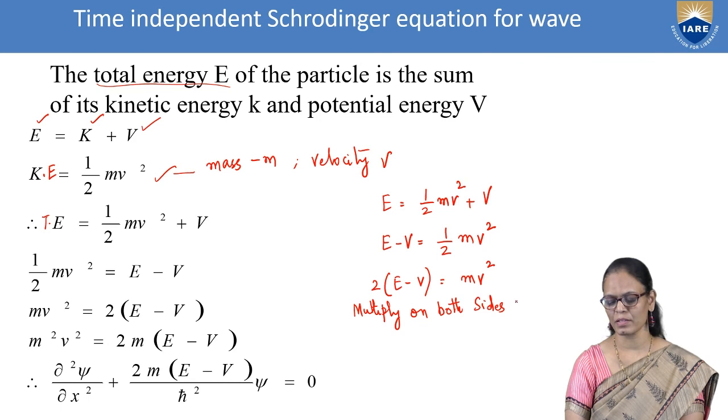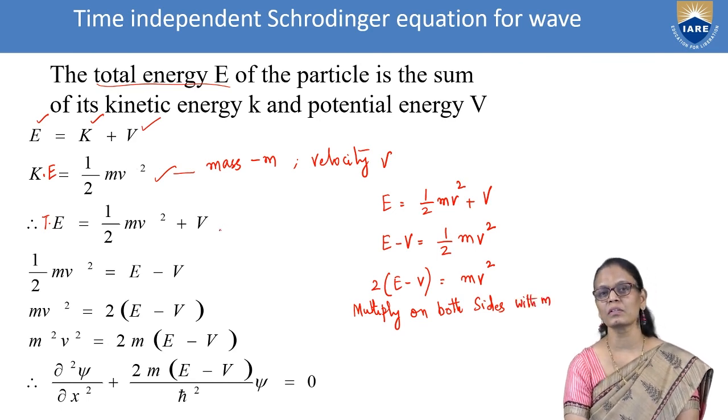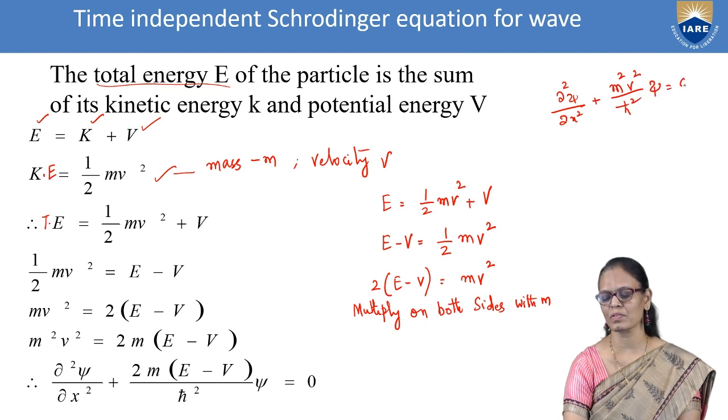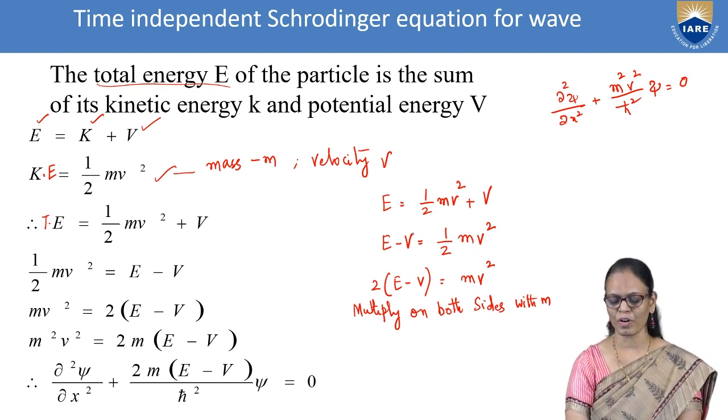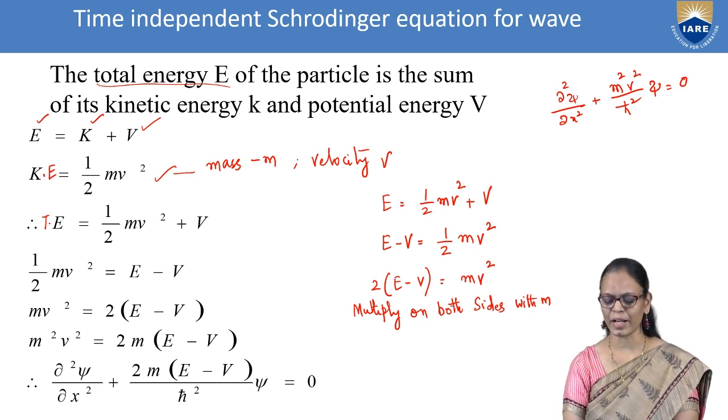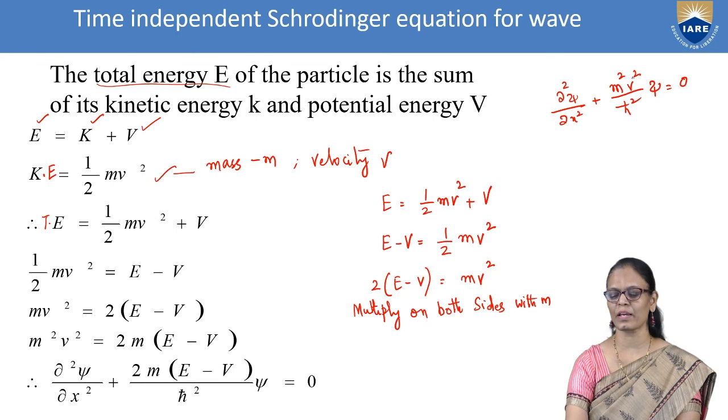Because if you see the equation here, we had the equation dou square psi by dou x square plus m square v square upon h cross square psi is equal to 0. This is what we have derived till now. So we want the value of m square v square here. So from this energy conservation principle, I am trying to get the value of m square v square.